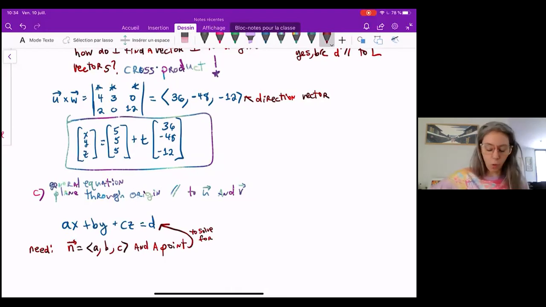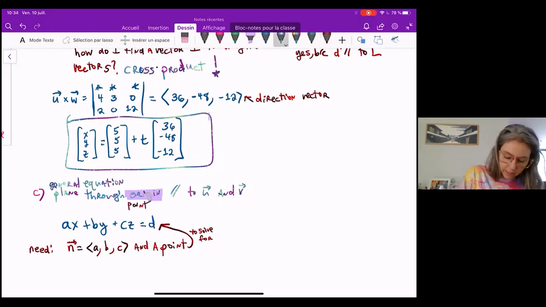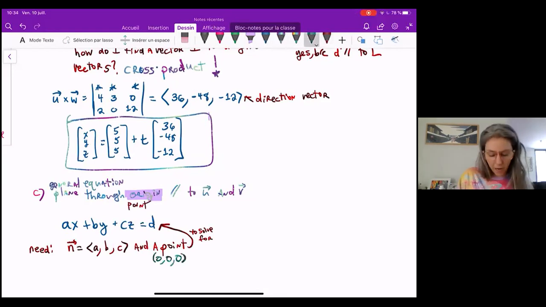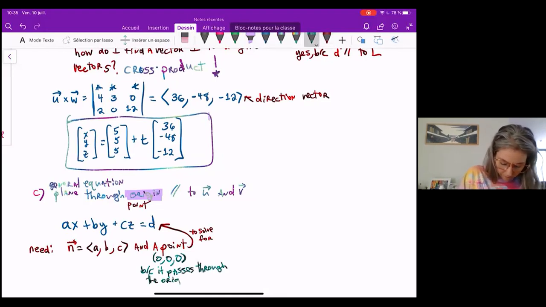My plane passes through the origin. So that's my point. My point is 0, 0, 0 because it passes through the origin. In this case, the fact that it's parallel to U and V, that's my other information.